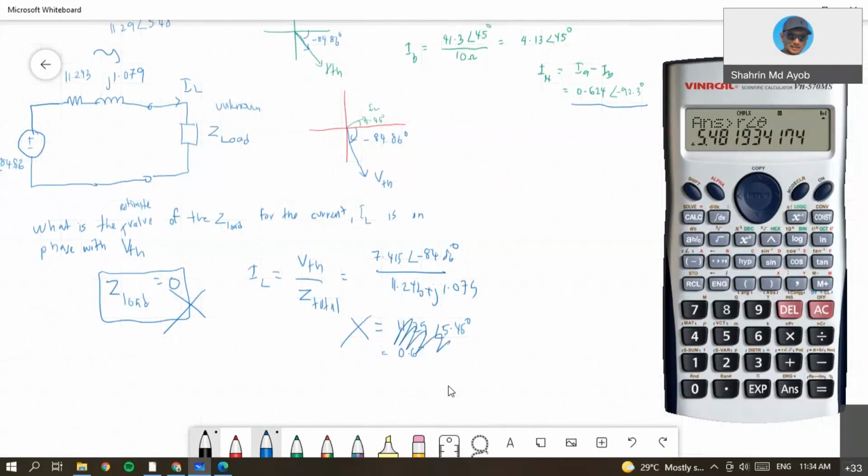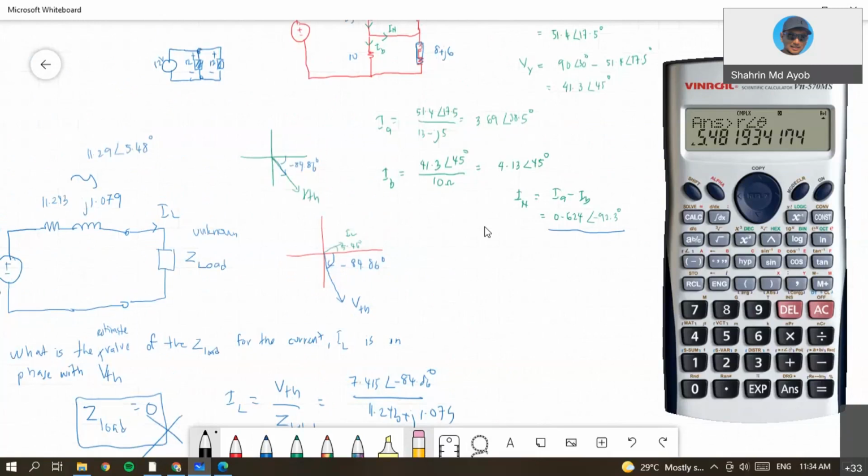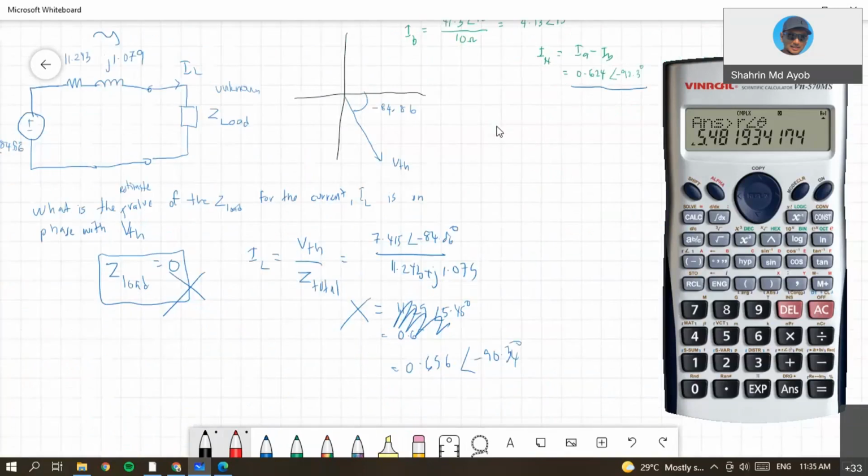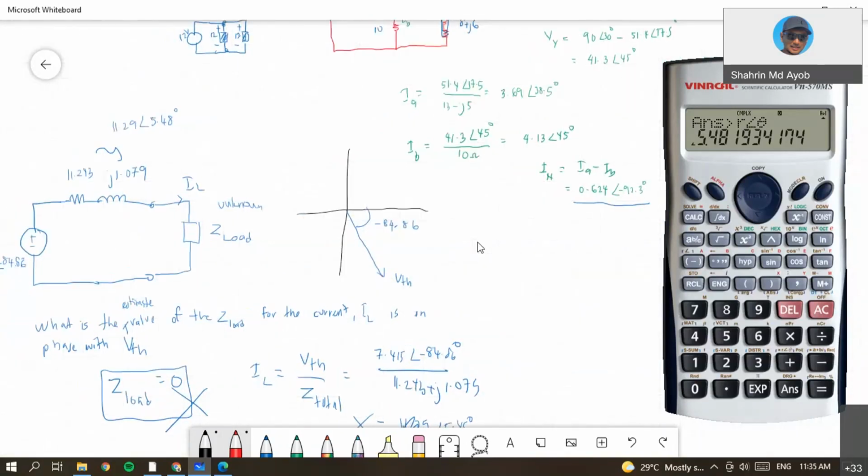So 6.656, angle negative. If I plot back based on the new answer, this is my VTH, which is negative 84.86, and from Yuyin's answer my IL is 0.656, very small, at negative 90.34 degrees.